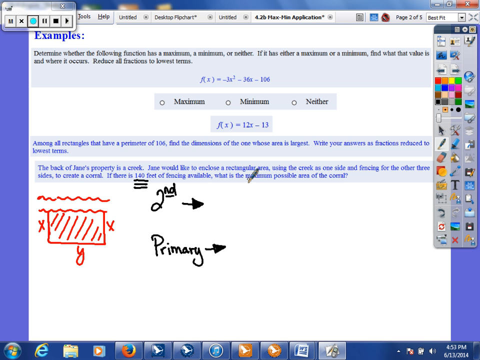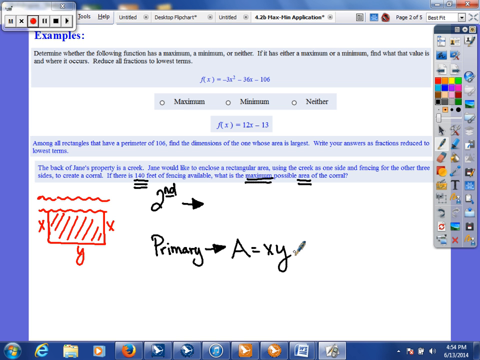It says, what is the maximum possible area of the corral? How do we find the area again? Well, it's xy. So our area would equal xy. I need to find a secondary, though. Like the last one, where the perimeter was 2x plus 2y, but here we don't have two y's, we just have two x's and one y.